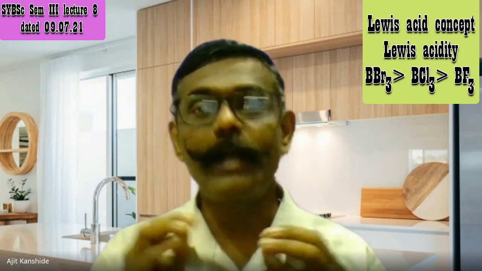At the beginning, we applied the inductive effect and we concluded BF3 should be the strongest acid, but reality was different, and that we could explain by means of pi bonding. In case of BF3, 2pz and 2pz. In case of BCl3, 2pz and 3pz. In case of BBr3, 2pz and 4pz interaction. And because of the difference in interaction, the Lewis acidity varies. Is today's discussion clear to you? Any question? Okay, discussion is clear.